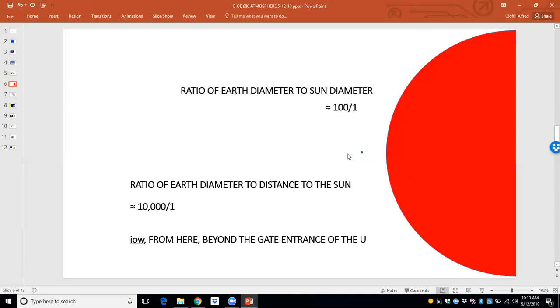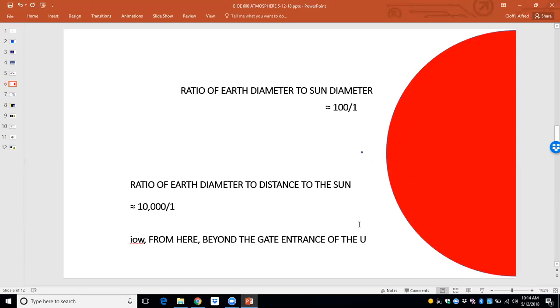And if we were just a little further away, like Mars, everything would be frozen. Solid ice, no liquid water, and therefore no life. So we are just at the right distance, which is very far. And that's why we can see the sun as a little dot. If we got closer, it would get huge.